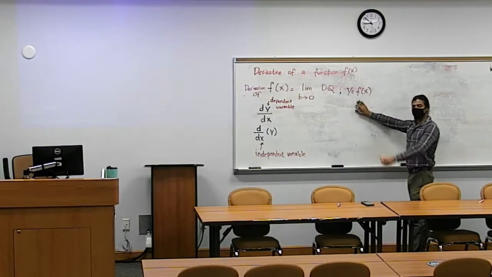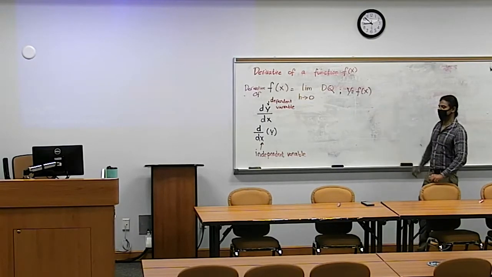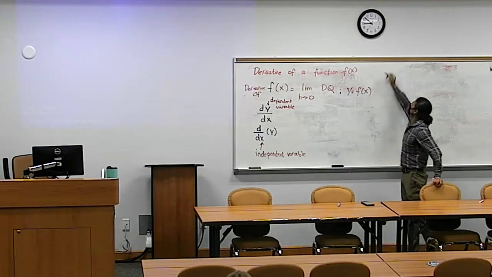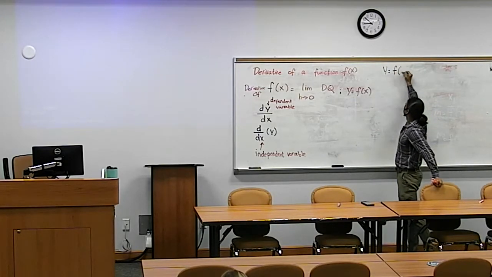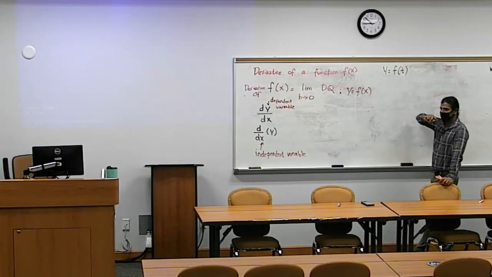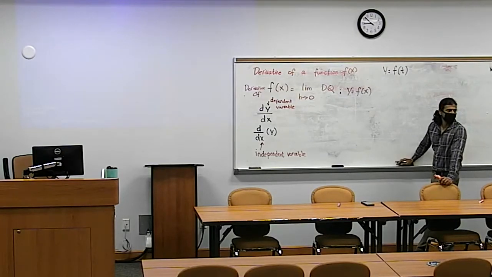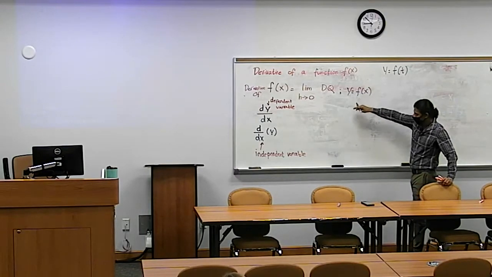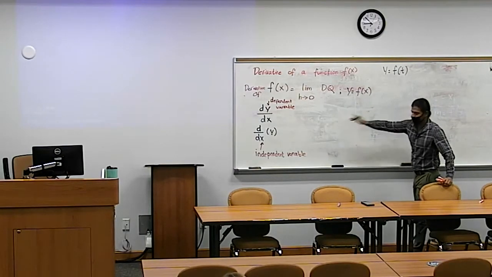Going back to this is a side note. Suppose you encounter a scenario where instead of y is equal to f of x, you have y equals f of t. Right? So how would you write the derivative of y? What would the notation be? Look closely. d of dependent variable divided by d of independent variable.